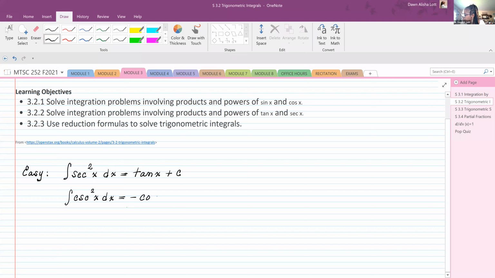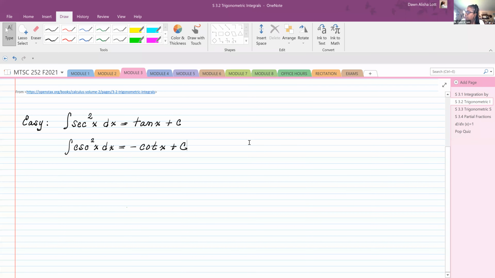That just came from negative cotangent. So we already know how to do those two. We don't know how to integrate some of the other stuff, like tangent squared. We don't know how to integrate cotangent squared. Actually, we do. Those are easy. So we're going to use some trig formulas, and I'm going to need you to make sure you know them.